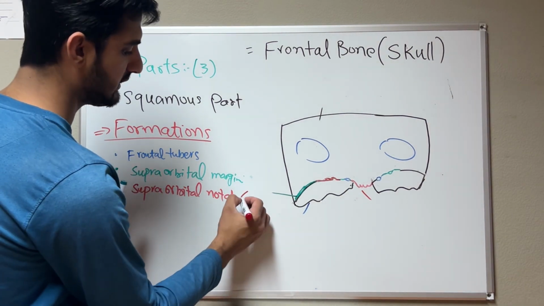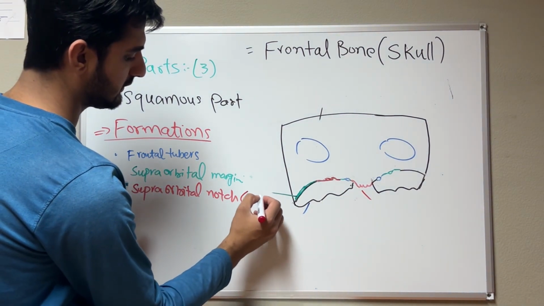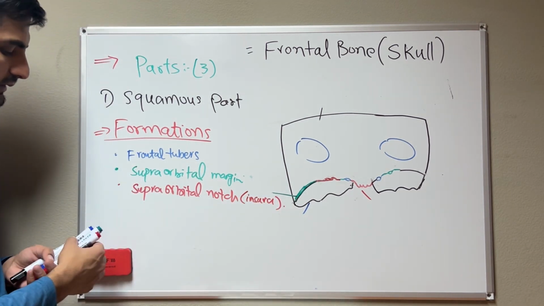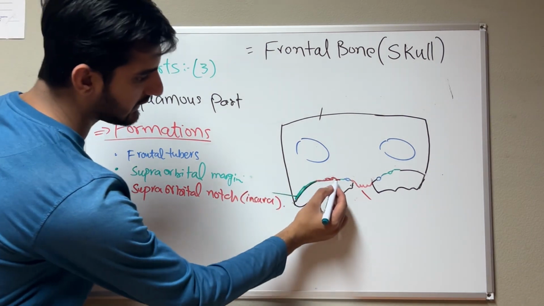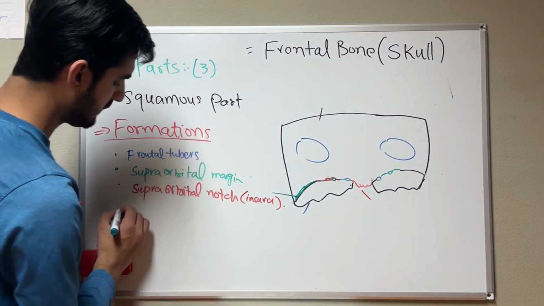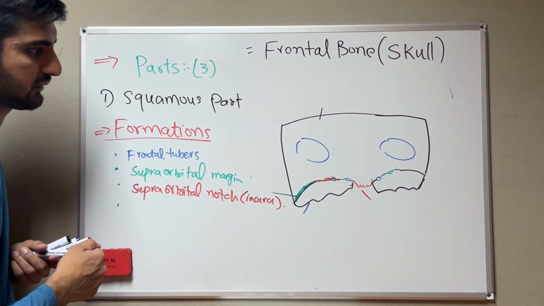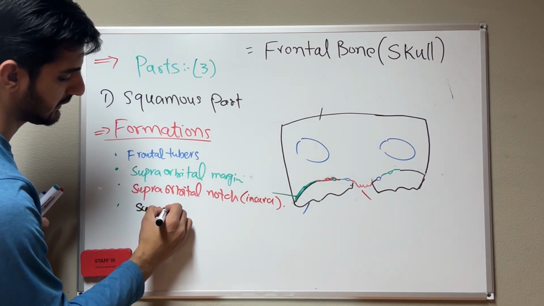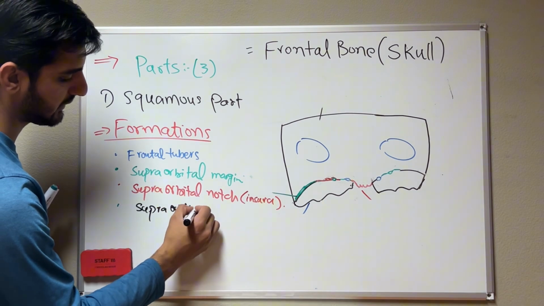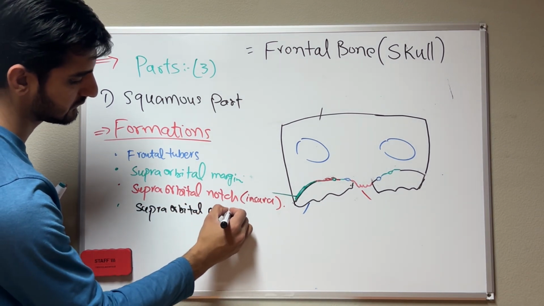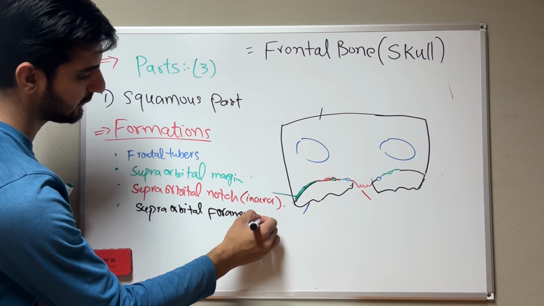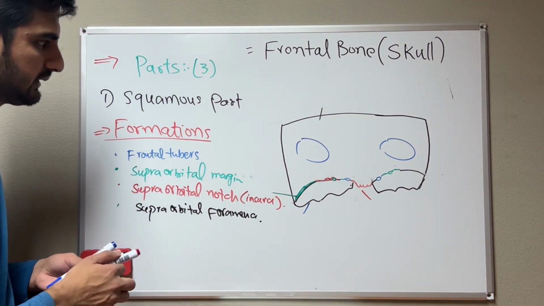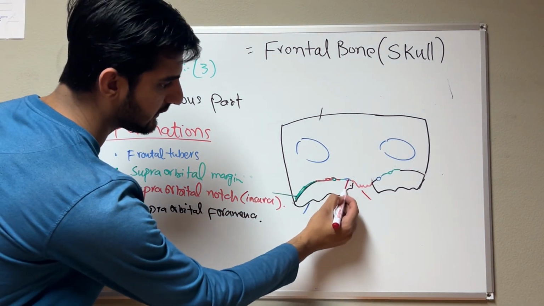Notch means incisura. And inside the incisura we have the supraorbital foramina. Now the next formation of the squamous part, in the middle side, this one.